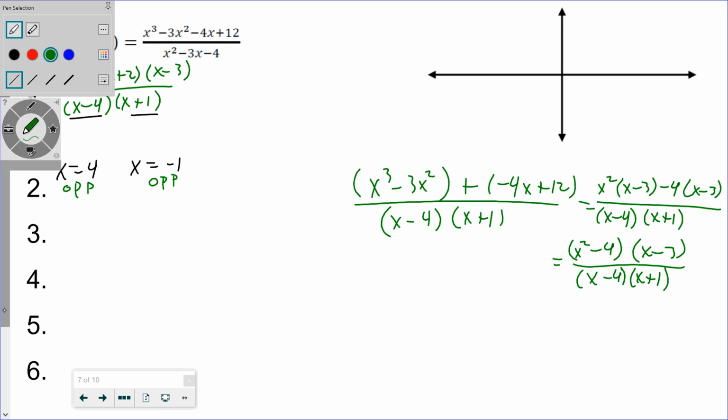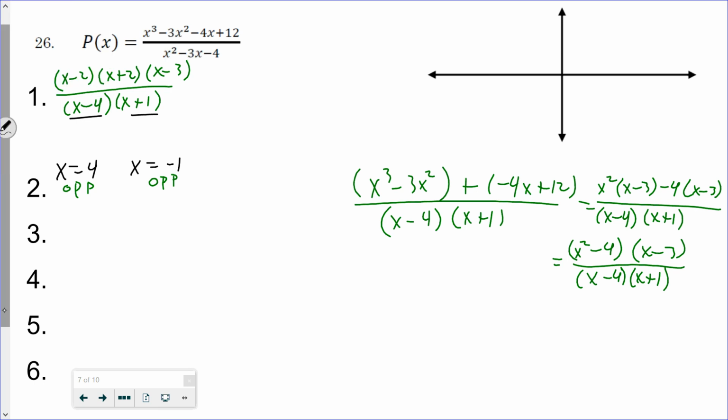After that, I need to figure out my horizontal asymptote. For that, I need to look at the degrees of the top and bottom. I have a degree of 3 on the top, a degree of 2 on the bottom, so it's bigger on top. That means I don't have a horizontal asymptote. Instead, I have a slant asymptote, or an oblique one, or whatever you want to call it.